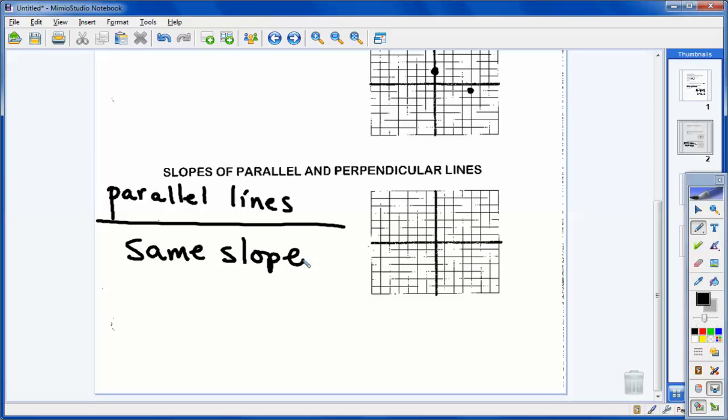Now today I want to grab a ruler. To do this, I'm going to put an example down here of parallel lines. Let's do this.